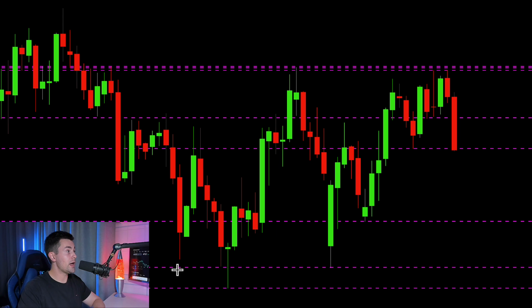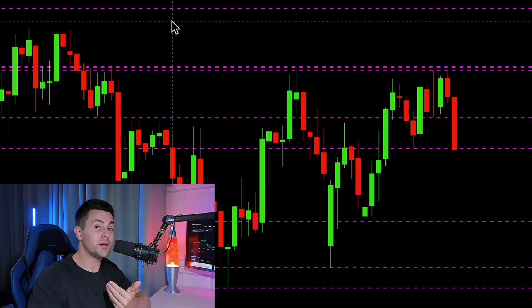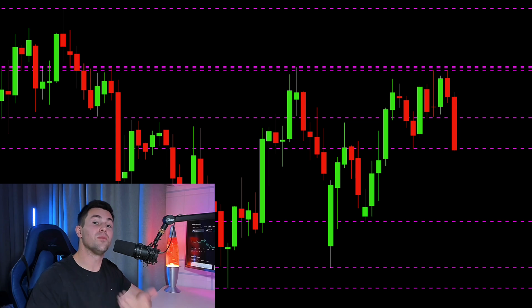And we also have a significant resistance here. So far we spotted a lot of significant supports and resistances, and we will assume that in future the market will react to these key levels. From the supports we will expect the bullish reaction, and from the resistances we will expect a bearish reaction.